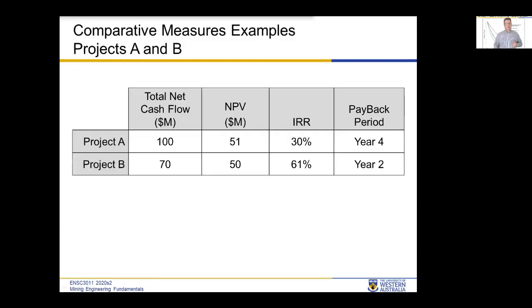So if we go, remember our projects A and B, we just looked at the cash flow. Project A was better. We looked at NPV, project A was slightly better, but IRR turned it around, and project B became much more attractive.